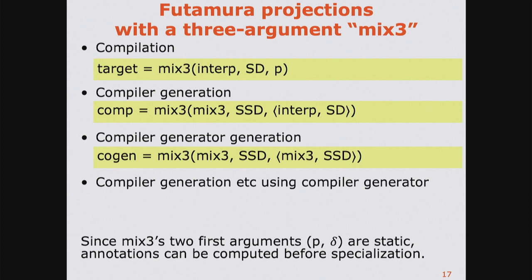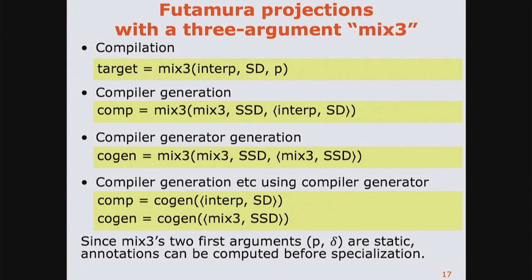And compiler generation and so on works, again, on a tuple of the interpreter and the binding time description, or a tuple of the partial evaluator and its binding time description. And I think that is the important part, that the binding time description from the interpreter is preserved when we specialize the mix with respect to the interpreter, and this binding time description from the mix is preserved when we specialize mix with respect to itself.